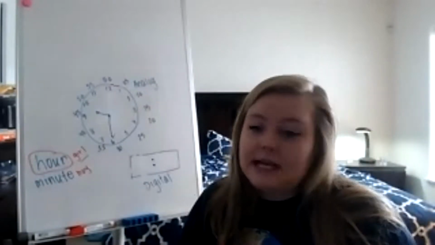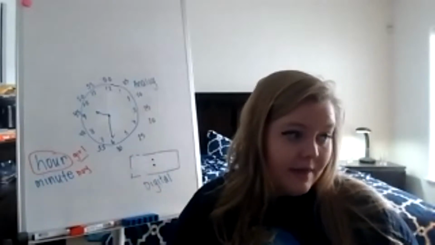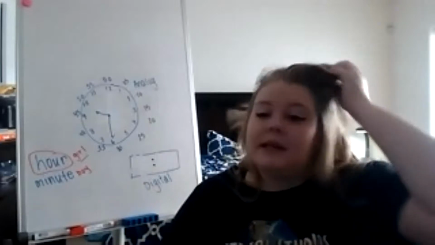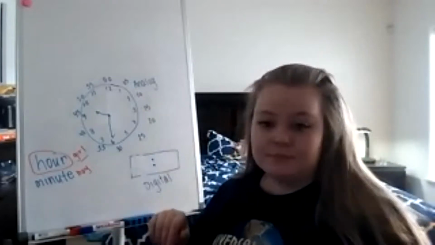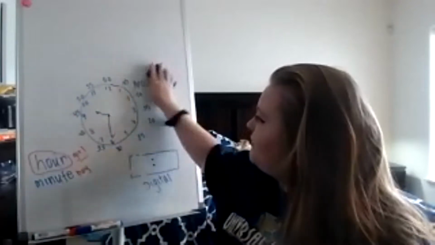You need to figure out what time that is and write it digitally underneath the clock. And then again, work with someone else to think of activities you like to do at that time of the day. Perfect, and that's your math activity for today.